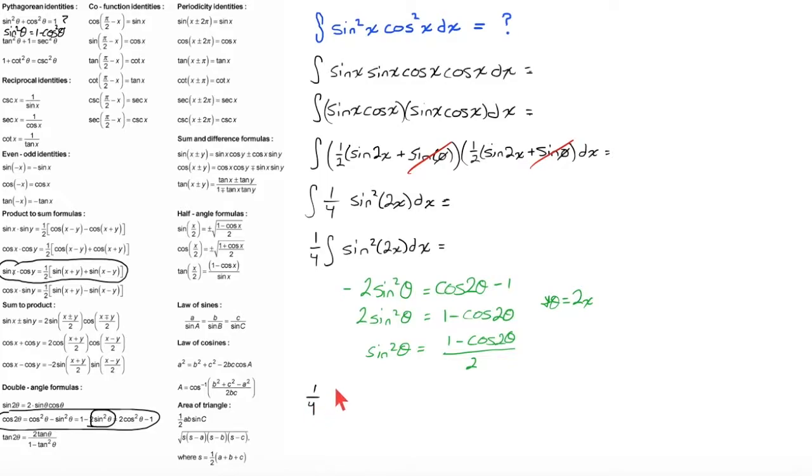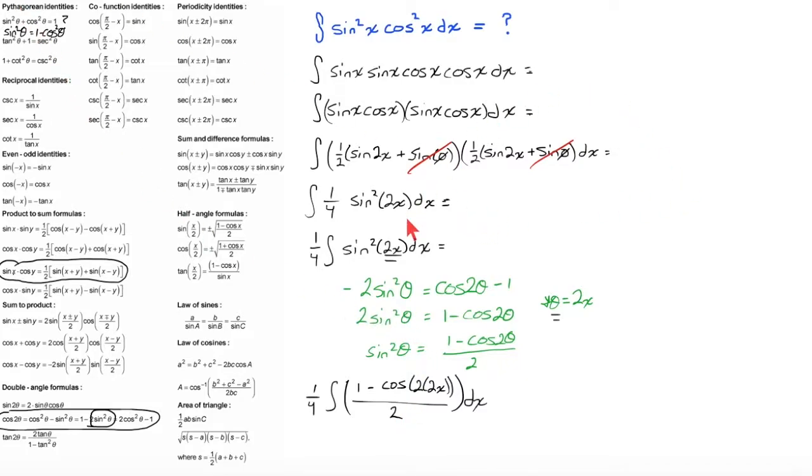So if I say my theta is equal to 2x, then I can make this substitution wholesale, right? 1/4 integral of 1 minus cosine of 2x, see what I did there with the theta and the 2x, over 2 dx.